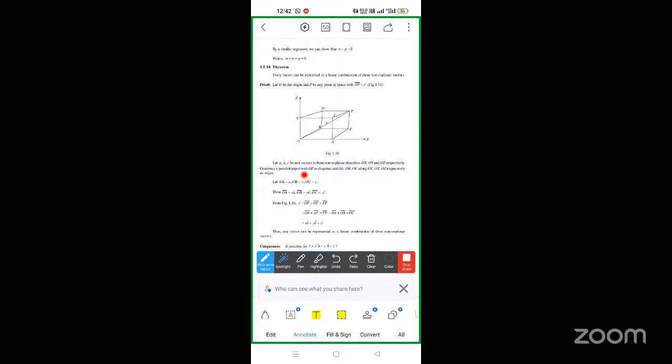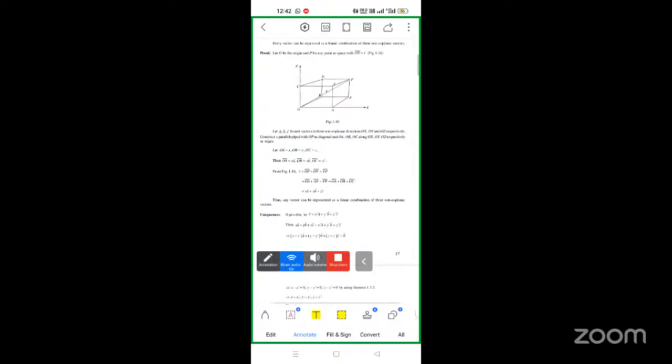Construct a parallelepiped with OP as a diagonal and OA, OB, OC along OX, OY, OZ respectively as edges. Let OA is equal to x, OB is equal to y, OC is equal to z. Then OA is equal to x a, OB is equal to y b, OC is equal to z c. We know that from 1.16, r is equal to OP that is equal to OF plus FP, so the position vector is x a plus y b plus z c.